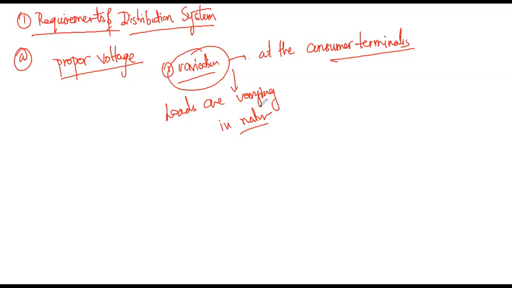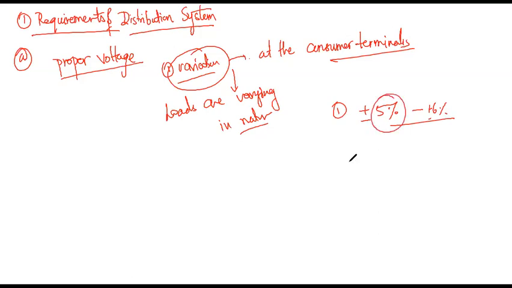Any increase to high voltage causes the lamps to burn out permanently and may cause failure of other appliances or applications connected to it. So you have a limit of plus or minus 5% to 6% variation in the normal voltage.